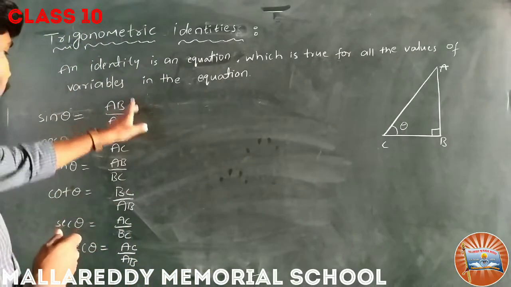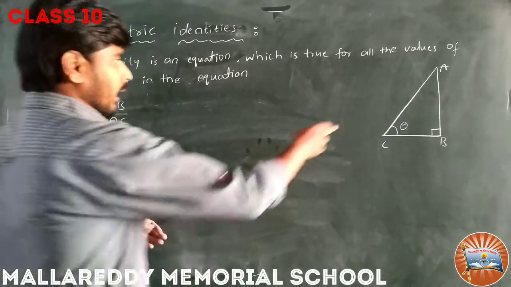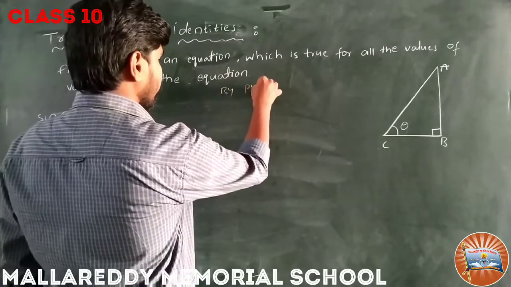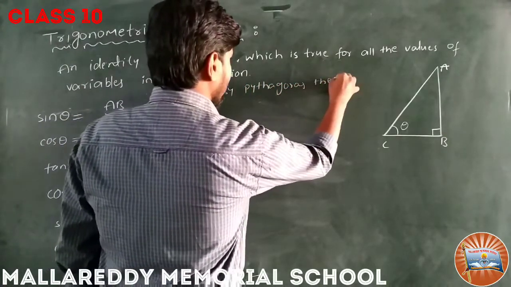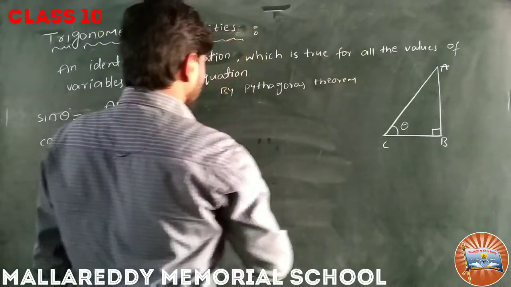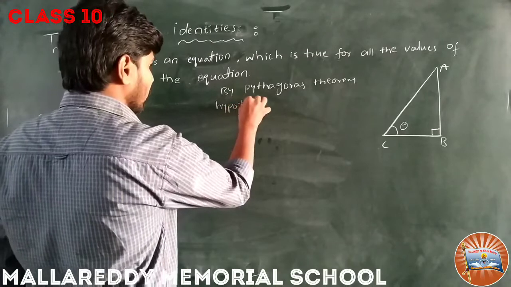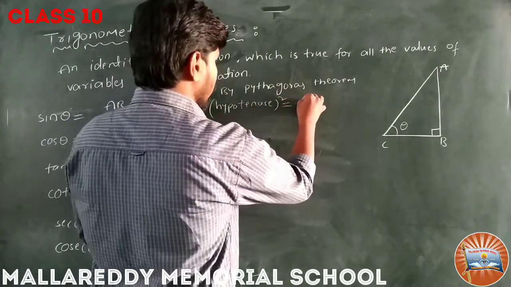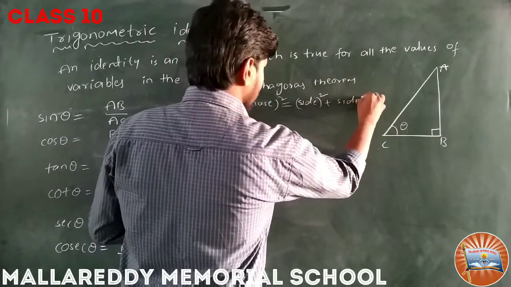Now what do we do here? We have to make an identity. This is a right angle triangle, so by Pythagoras theorem, in the right angle triangle, hypotenuse square is equal to side square plus side square.